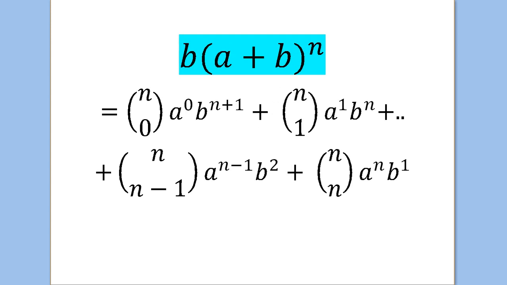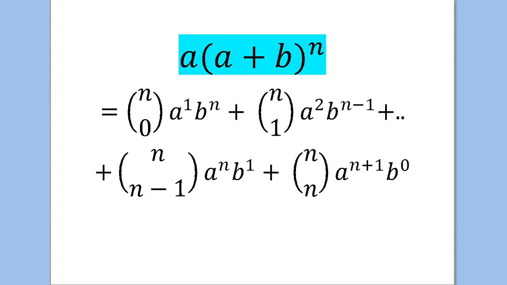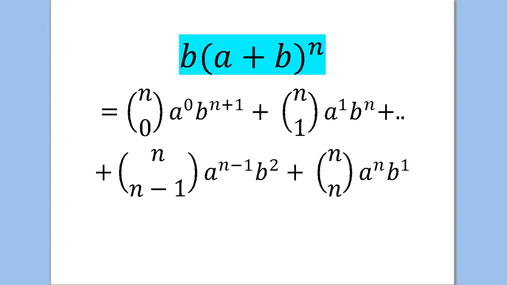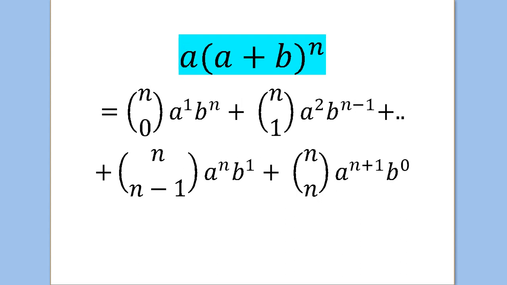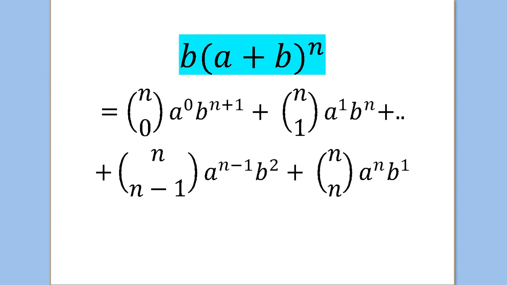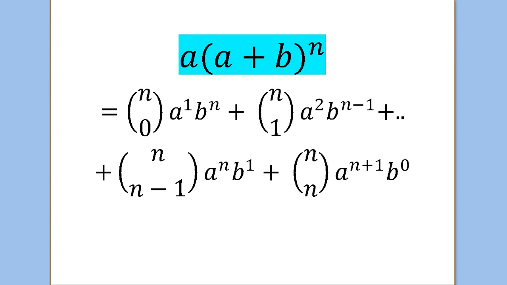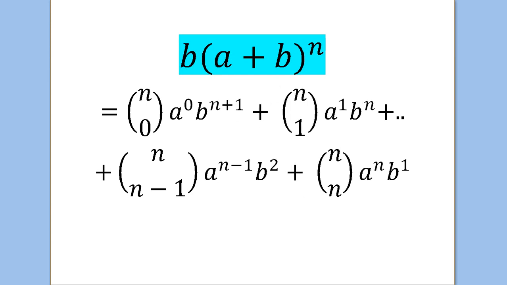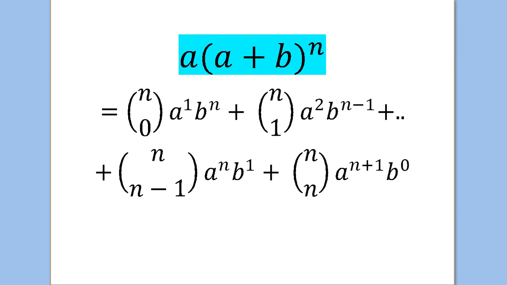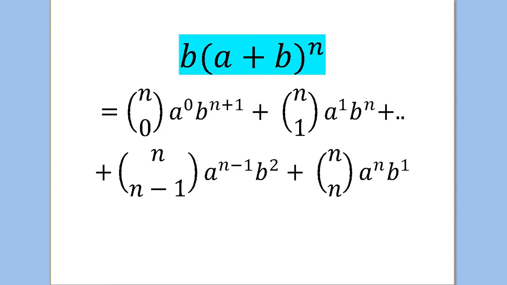We don't have that in the b terms. So that will sit on its own as well. So all the ones in the middle, they are coming twice. So we've got a^1, b^n, and we've got that there as well. And then we're going to have a^2, b^(n-1), and so on and so on. They'll all come twice.